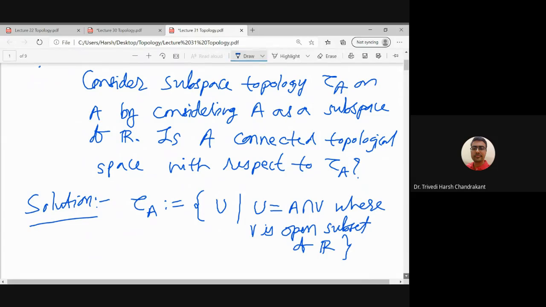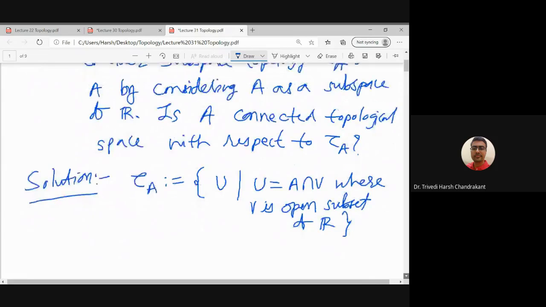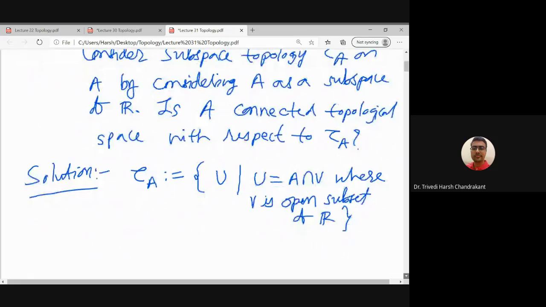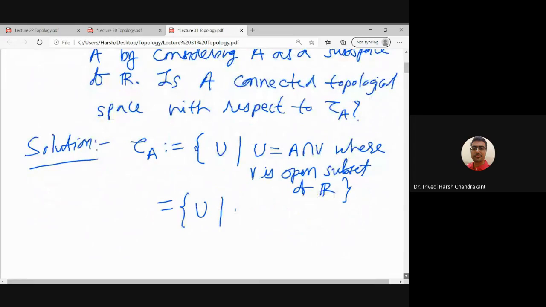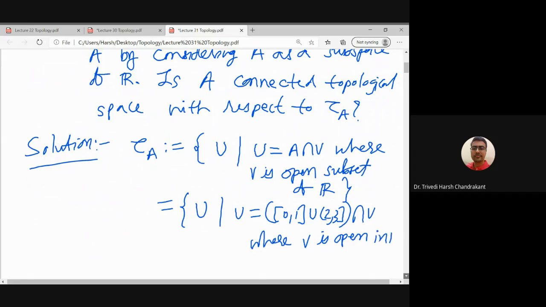So this is the definition of the topology. Now let us go further. So let us just write down what is A. So A is the set closed interval 0 1 union 2 3 intersection V, where V is an open subset of R.